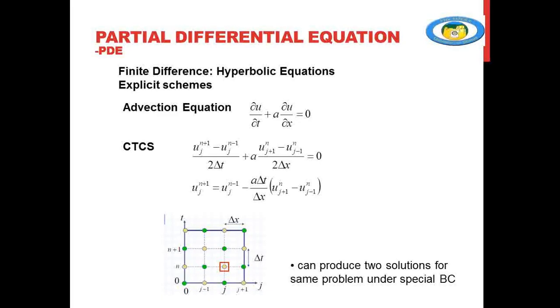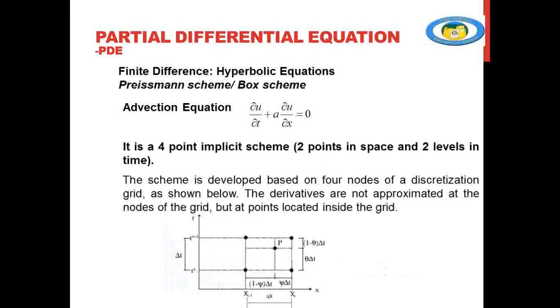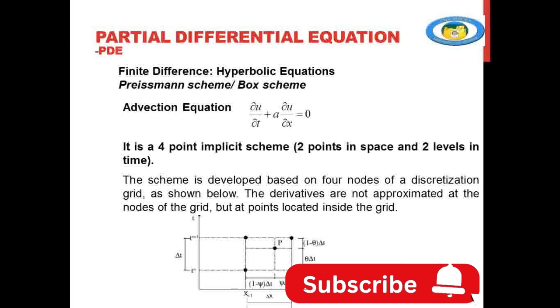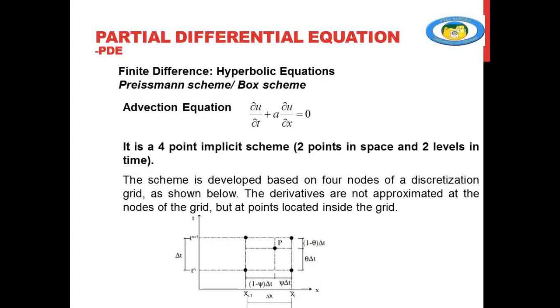Now, the other way of representing the pure advection equation, you can also employ the very common scheme, which is the Preissmann scheme. It's actually a 4-point implicit scheme. 2 points are going to be taken in space and 2 levels in time. So you have 4 nodes. But the derivatives are not approximated at the nodes of the grid, but somewhere inside the grid.